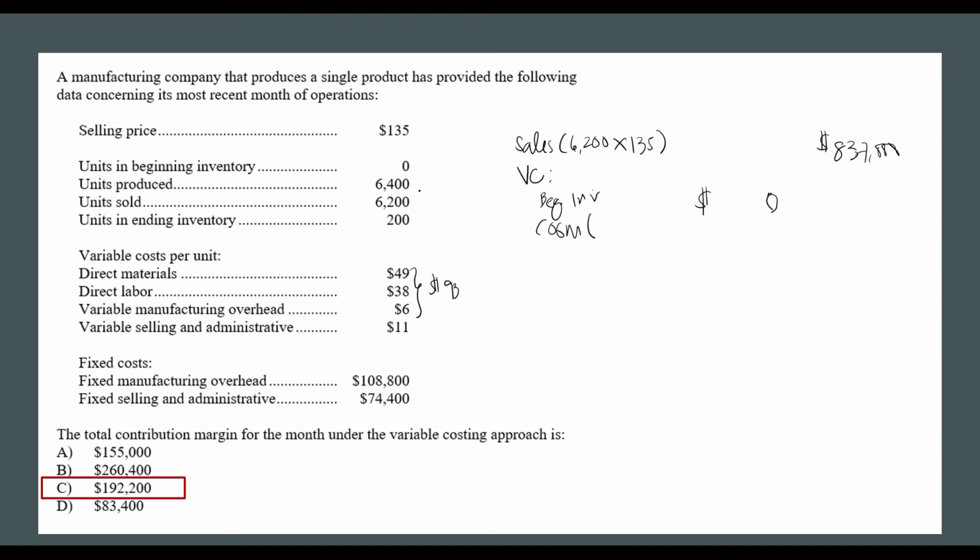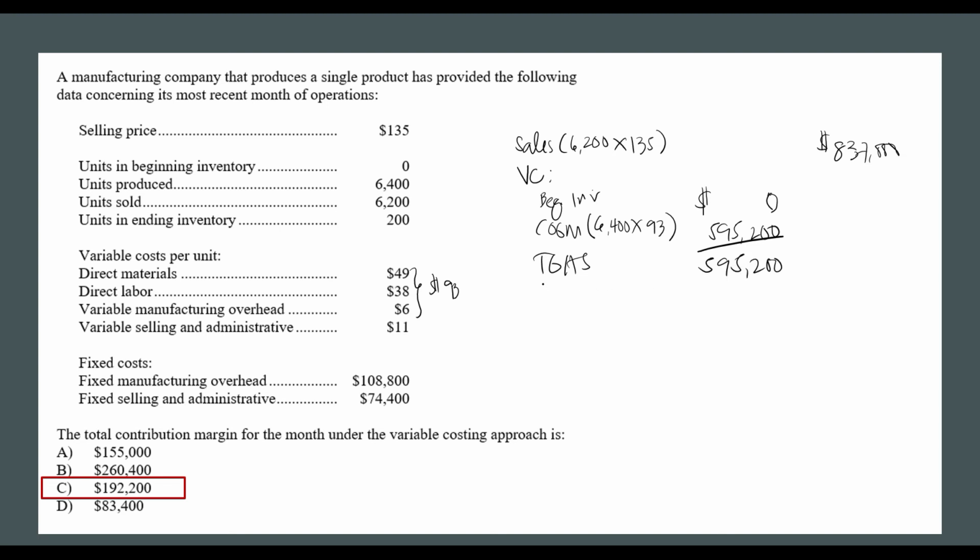So it is your units produced of 6,400 multiplied by the product cost under variable costing of $93. 6,400 times 93 is 595,200. When we add these two, it shall give us your total goods available for sale also of 595,200.